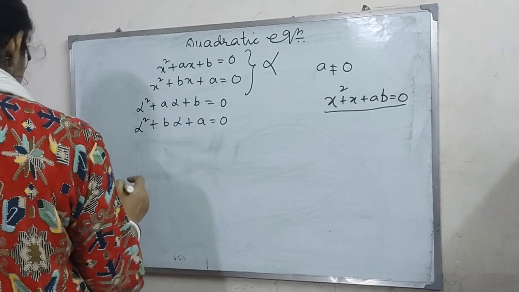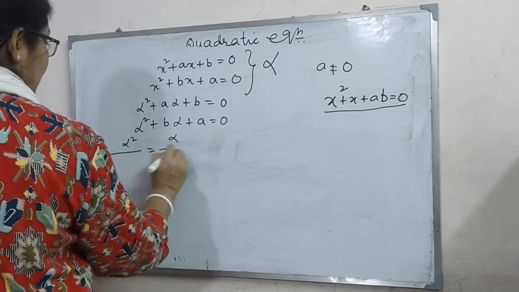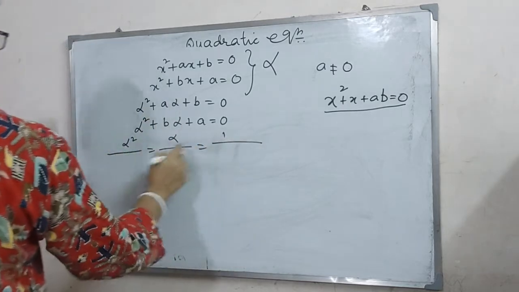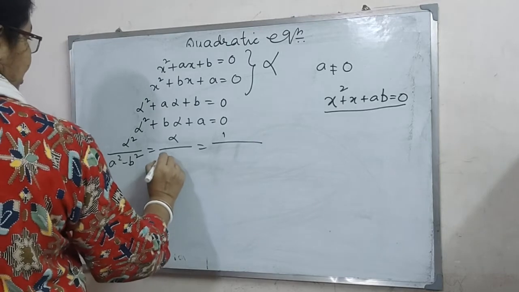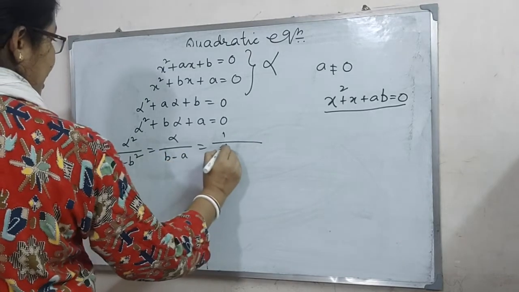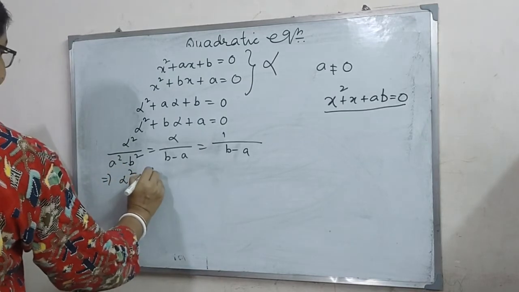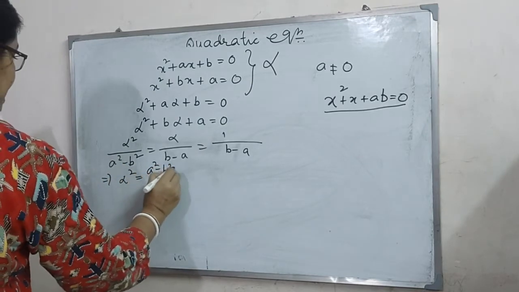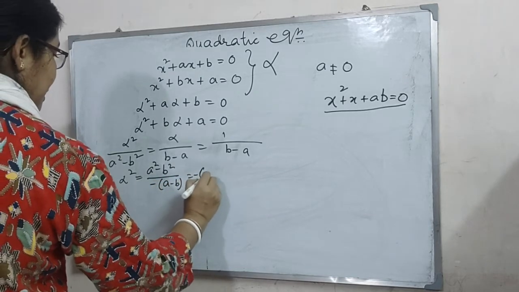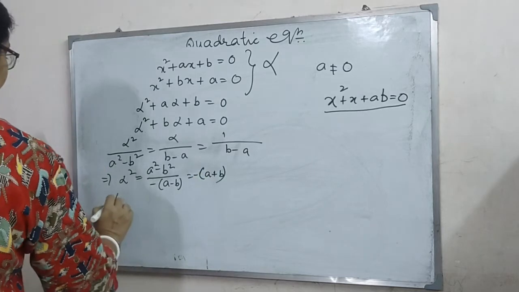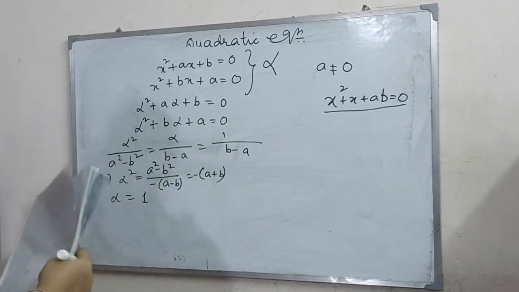From here I can write alpha square by alpha by 1 equal to a square minus b square, b minus a and b minus a. So alpha square equal to a square minus b square by minus a minus b, that is equal to minus a plus b, and alpha equal to b minus a by b minus a, which equals 1.